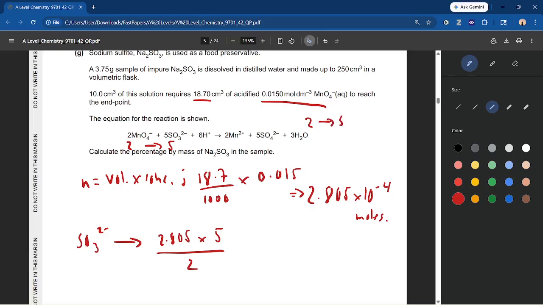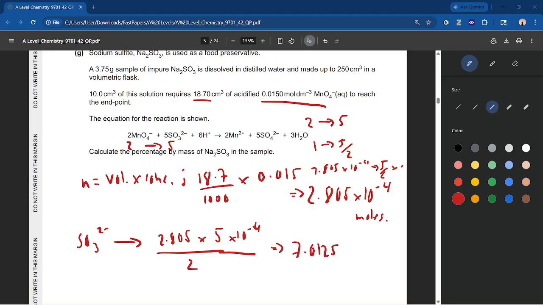If 2 moles is equal to 5, then 1 is equal to 5 by 2, and 2.805 times 10 to the power minus 4 is equal to 5 by 2 times that. Let me put that into my calculator, and you should get 7.0125 times 10 to the power minus 4.